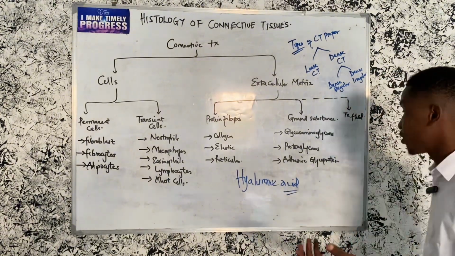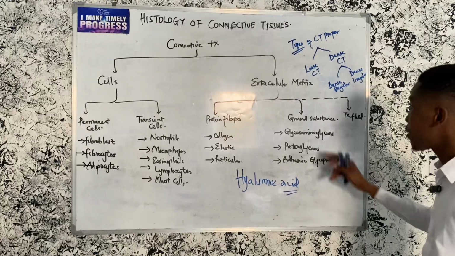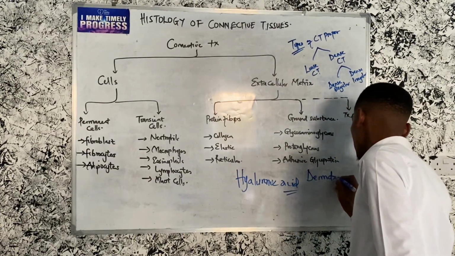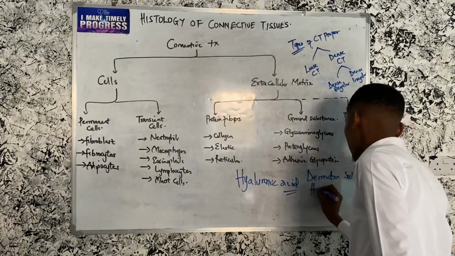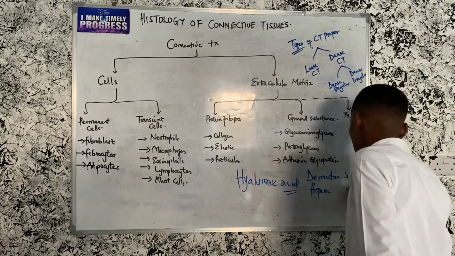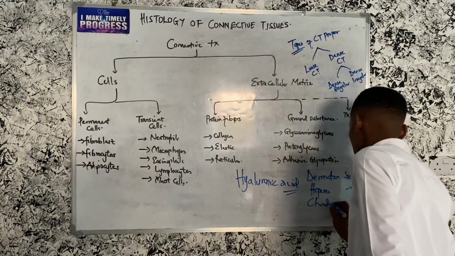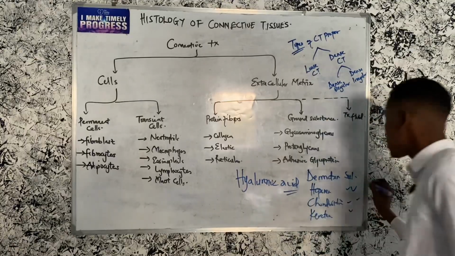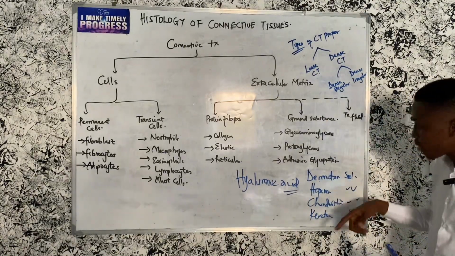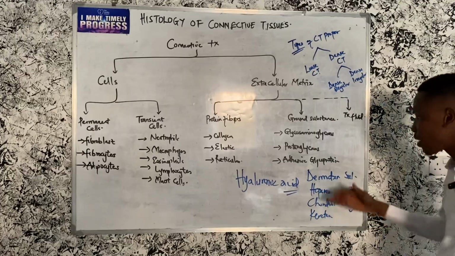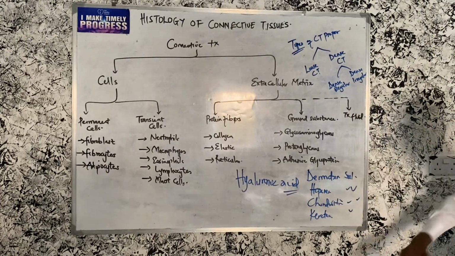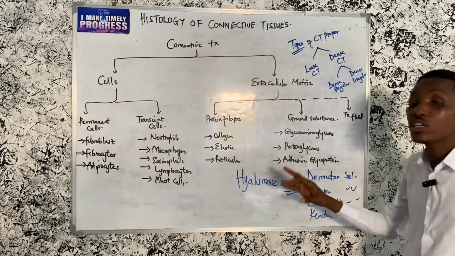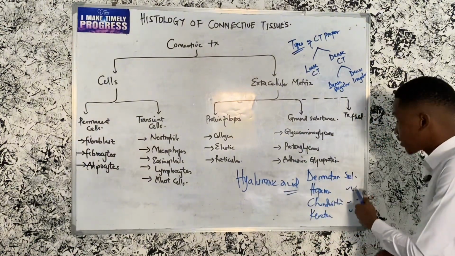Rather, the other glycosaminoglycans like dermatan sulfate, from the name you hear sulfate in it, heparan sulfate, chondroitin sulfate, and some people talk about keratan sulfate. All of these are glycosaminoglycans. But the only difference is that hyaluronic acid is the most abundant. The others have sulfate attached to them.